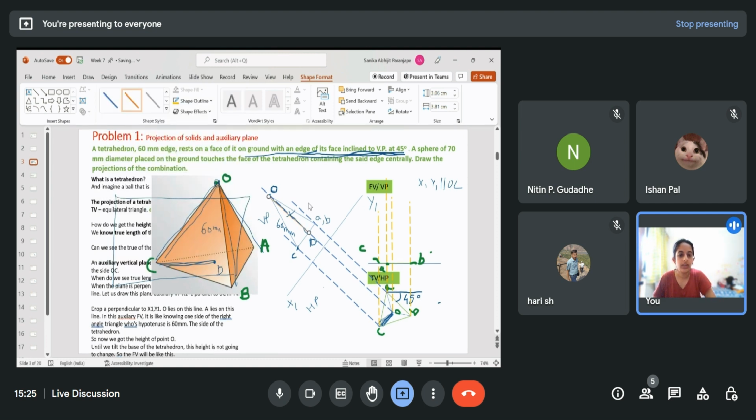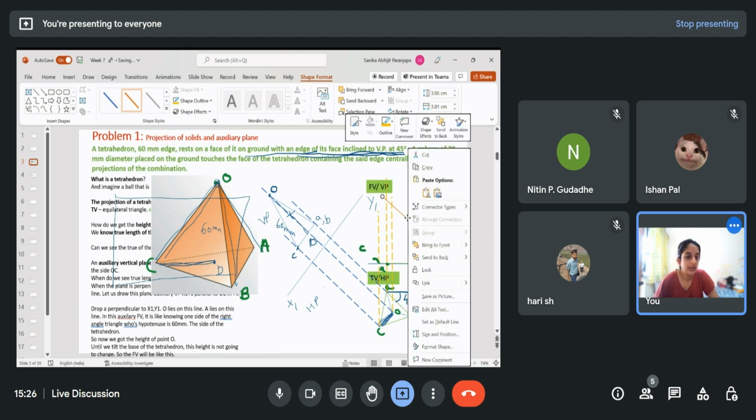And I'll move that line. In actual drawings, you will be doing this by taking the distance with the rounders. Here, I can do it easily in PowerPoint.